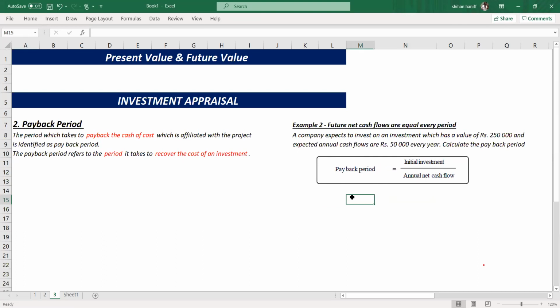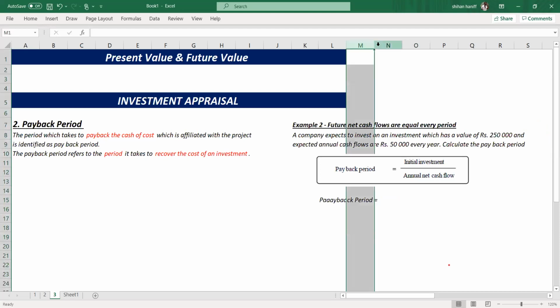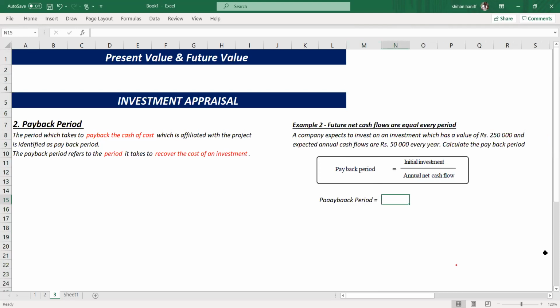Payback period equals initial investment divided by annual net cash flow.